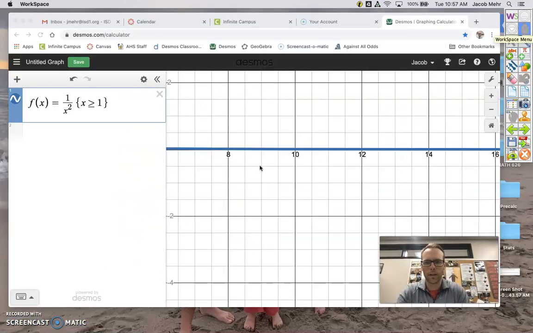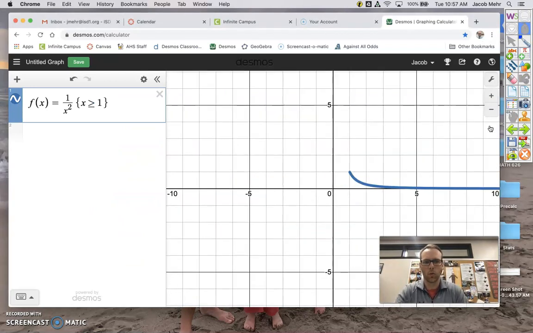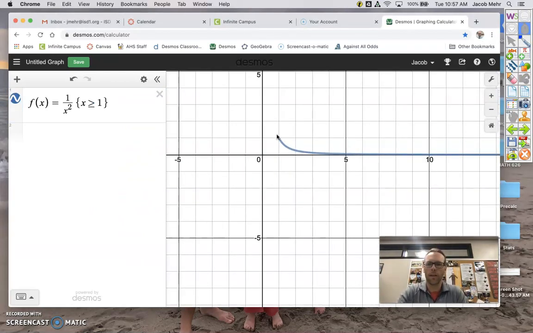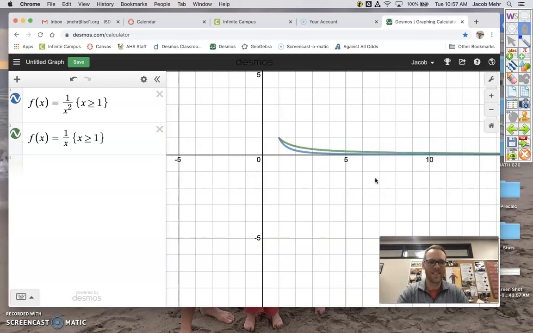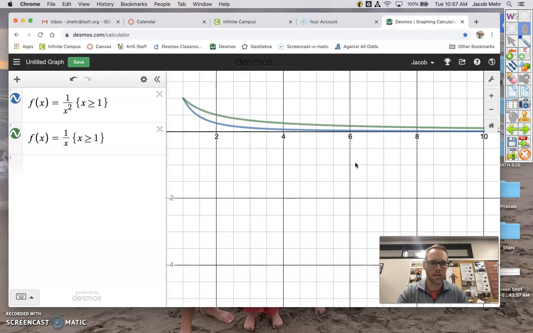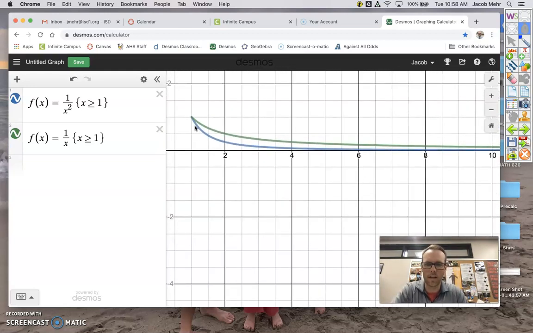So we learned something really interesting here. Let's go back home. We learned that 1 over x squared was convergent. It converged to an area of 1. However, 1 over x on that same interval is divergent. What I mean is that the area under the blue curve is finite. It approaches 1. The area under the green curve is divergent.